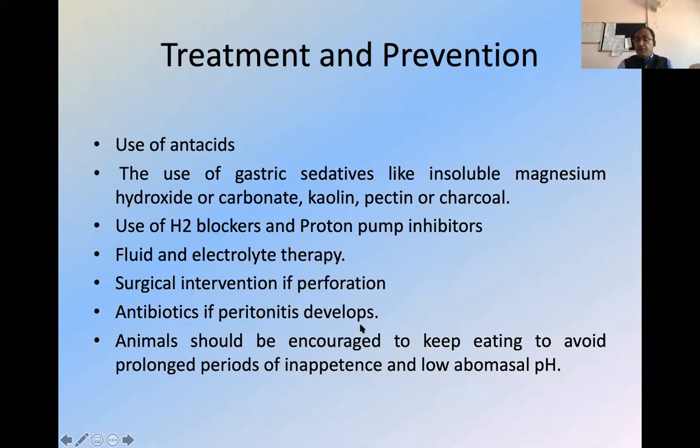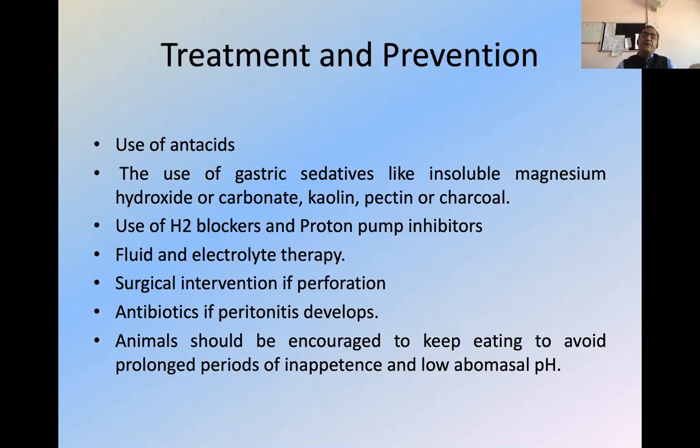But the best thing is that if the animal is suffering from abomasitis for a very long time, go for fluid therapy, go for all types of gastric sedatives, go for proton pump inhibitors, but at the same time, encourage the animal to eat something to avoid a prolonged period of inappetence.